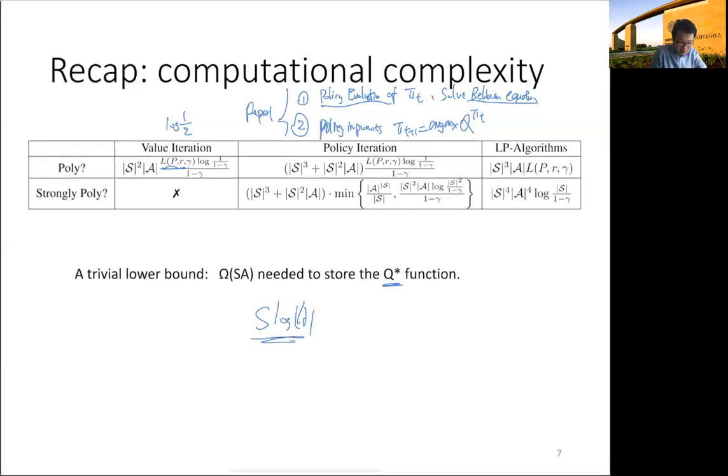After that you can store the policy with S log of A, but arguably linear in S and linear in A is a lower bound for computing the optimal policy. Okay, so in this lecture we'll see whether we can get close to this lower bound and whether we can improve the computational complexity over these methods, value iteration, policy iteration, and so on. Okay.